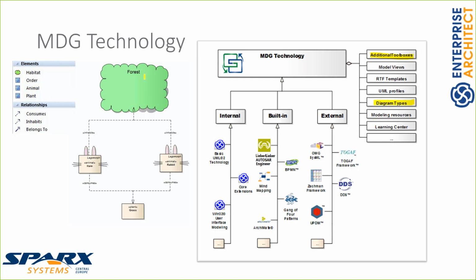Over here you see an example of how your domain-specific language can look, because obviously this has nothing to do with SysML nor UML. So this is just, for instance, you are a person who would like to model your forest and the animals living in some habitats. All right.